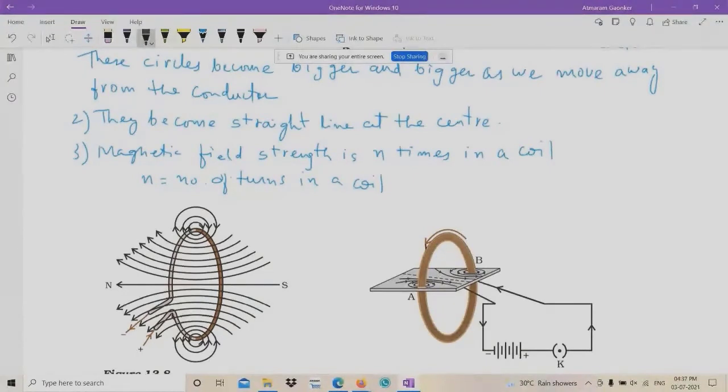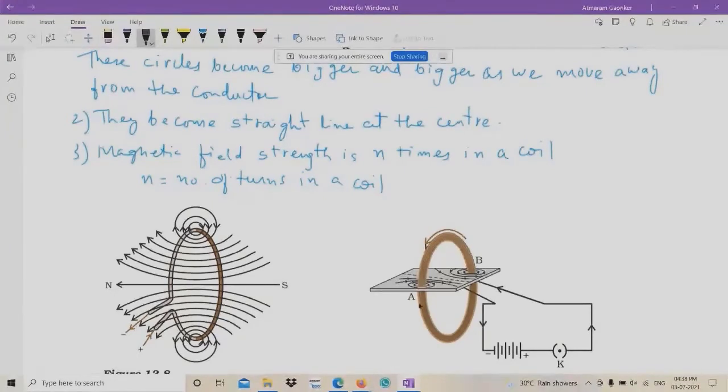If there are n coils, the magnetic field becomes n times, because the direction of current is the same, since the same current is flowing through each circular ring or each turn of the coil. So the third point is that the magnetic field strength is n times in a coil, where n is the number of turns in a coil.